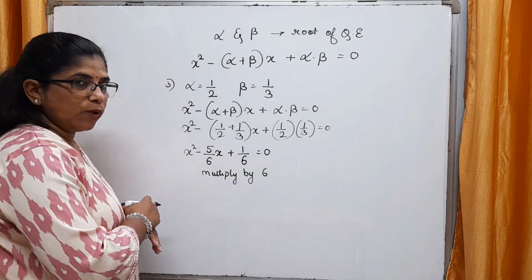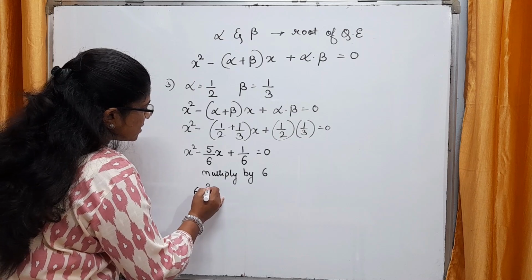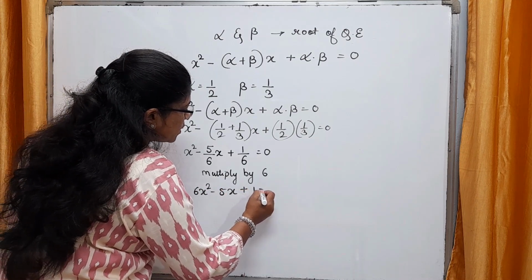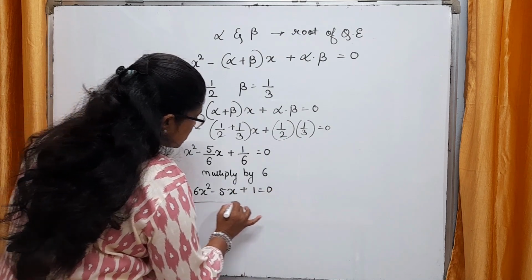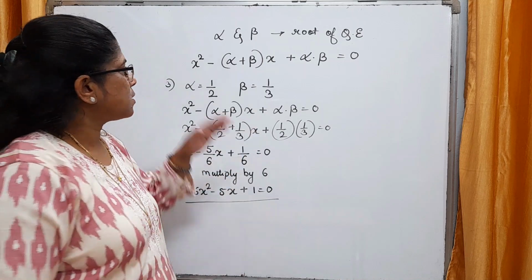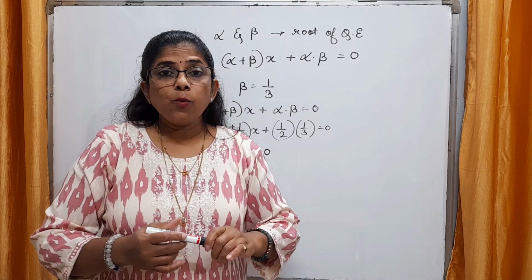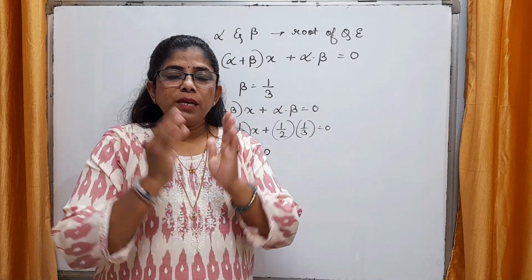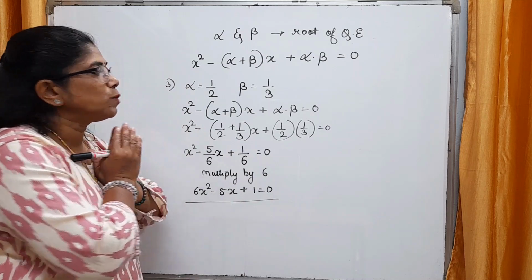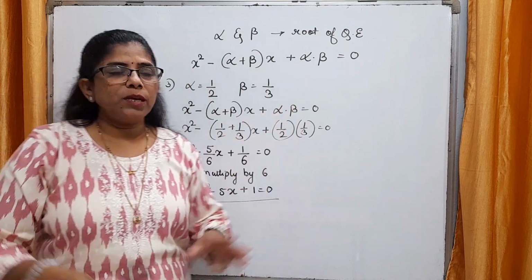If we multiply this throughout by 6, we get 6x square minus 5x plus 1 is equal to 0. This is our quadratic equation whose roots are 1 upon 2 and 1 upon 3. So this is how we have to form the quadratic equation if alpha and beta, that is roots of the equation, are given. So this is a simple technique to form the equation.